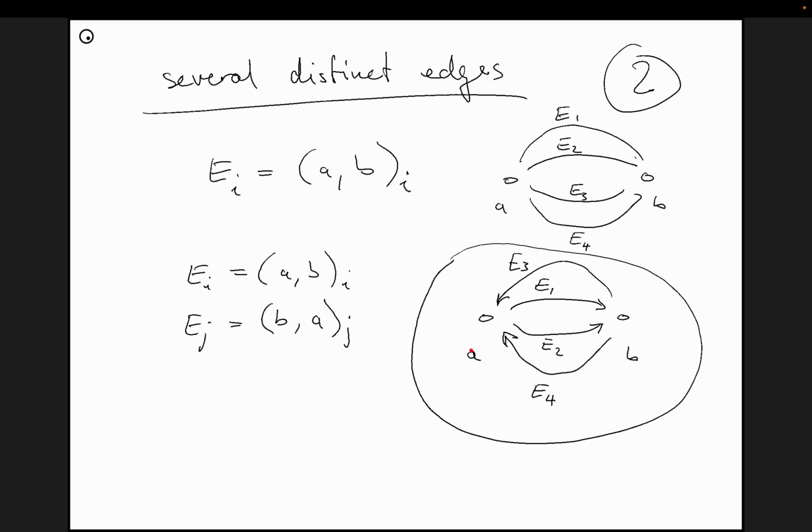Let's say A is a team and B is a team, and this is a possible pairing in your sports league. A and B play a game, and we connect them with an edge.